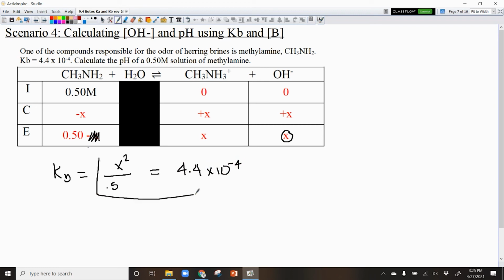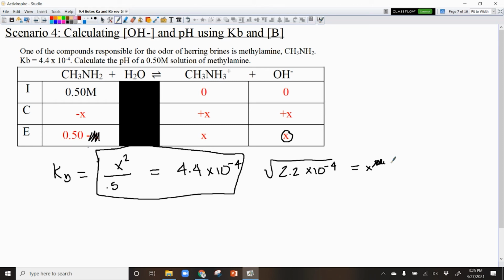Okay, so here is our math right here, and we can solve for x on this. All right, so multiply both sides by 0.5. That's going to give us 2.2 times 10 to the negative 4 is equal to x squared. And then take the square root of that to get rid of the exponent.